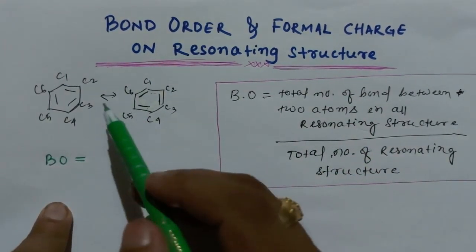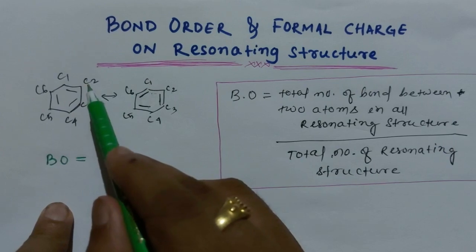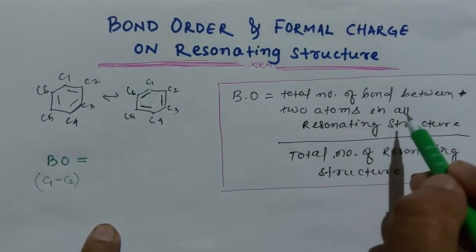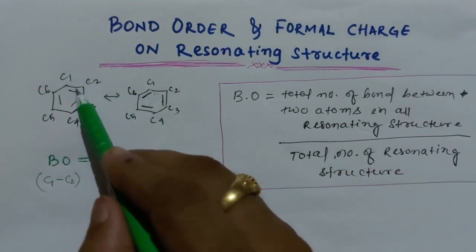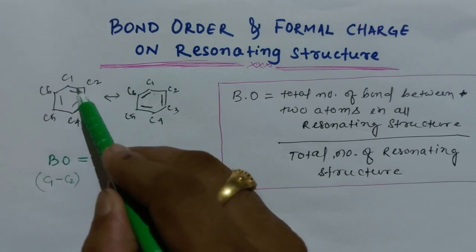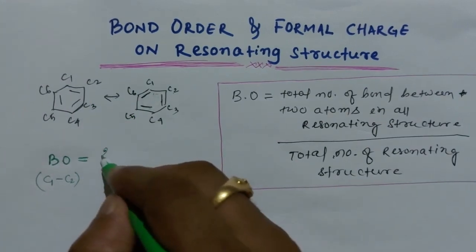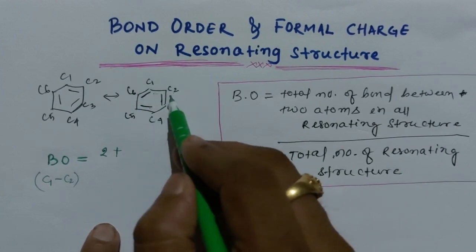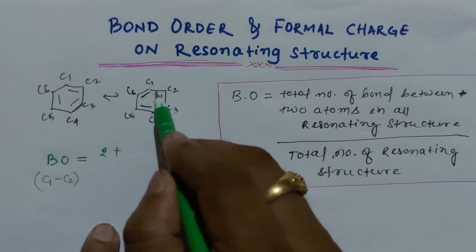Now we will calculate the bond order between C1 and C2. That is equal to the total number of bonds between two atoms in all resonating structures. Here, in this resonating structure, C1 and C2 have two bonds. Okay. So here 2 plus, in this resonating structure 2, C1 and C2 have one bond.